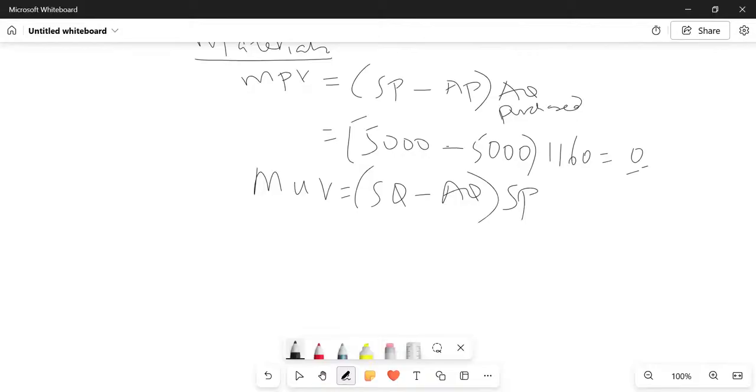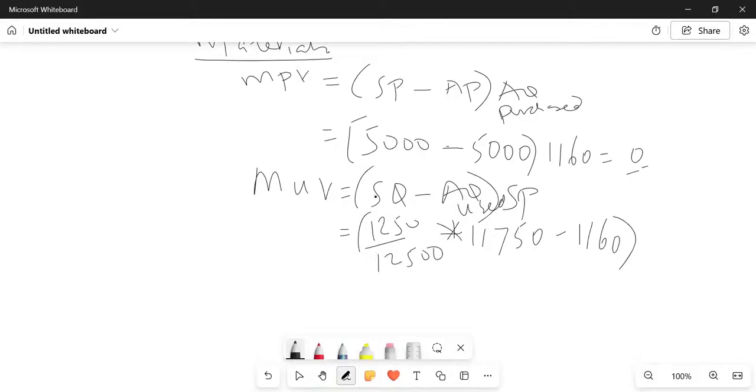You're the ones who have told me that you were able to do how many kilometers? We actually did 11,750. Do we have actual quantity of materials used? 1160. Do we know the standard price per kilogram? 5,000, isn't it?